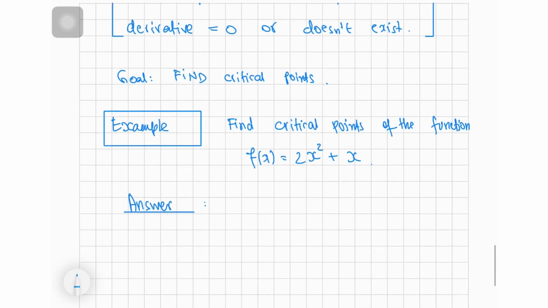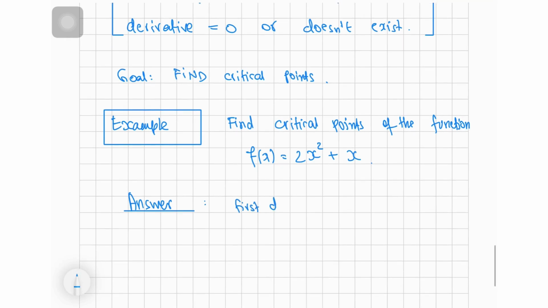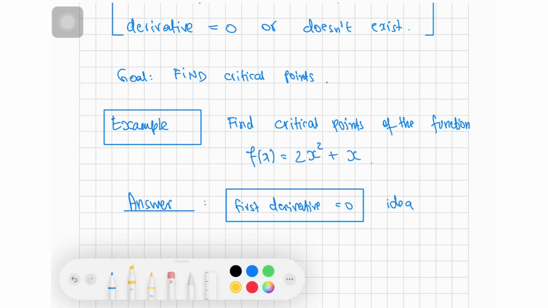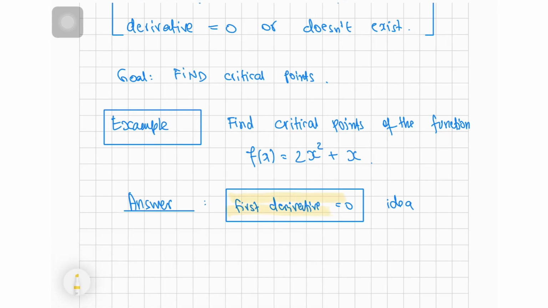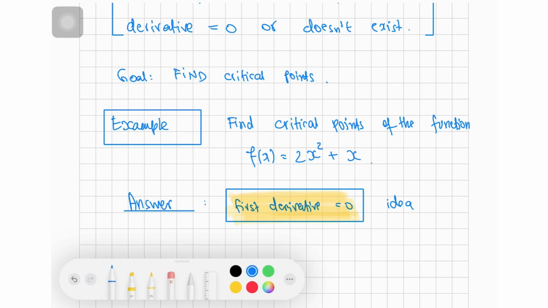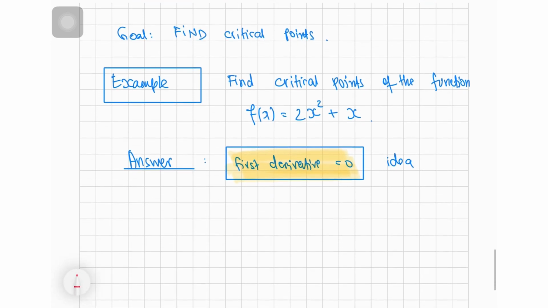First step: critical points are where the first derivative equals 0. So always bear in mind this idea. So let us find the first derivative. F prime of x equals the derivative of 2x squared plus x, which is 4x plus 1.